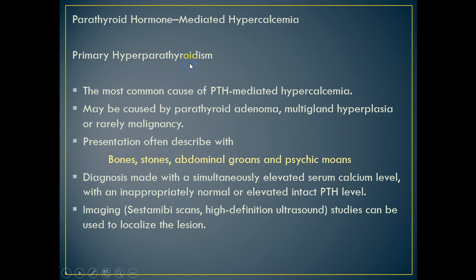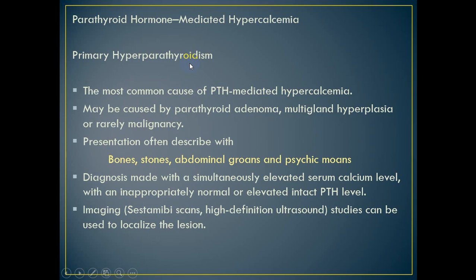Usually, the presentation of patients with primary hyperparathyroidism is described as bones, stones, abdominal groans, and psychic moans, which are the same signs and symptoms that apply to hypercalcemia. Bones: patients present with generalized ache and bone pain.